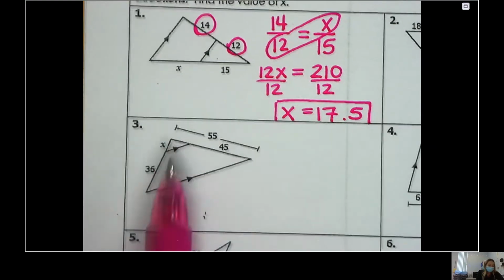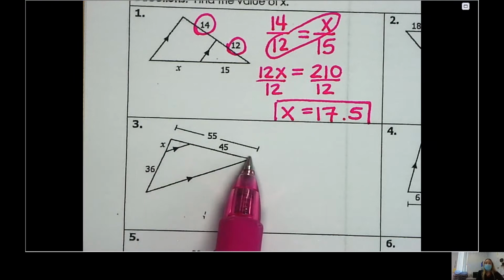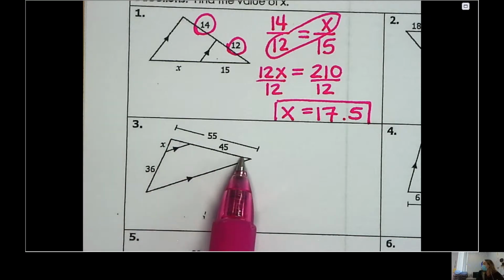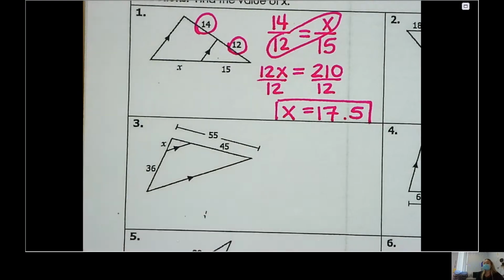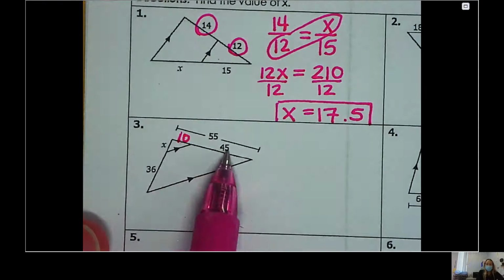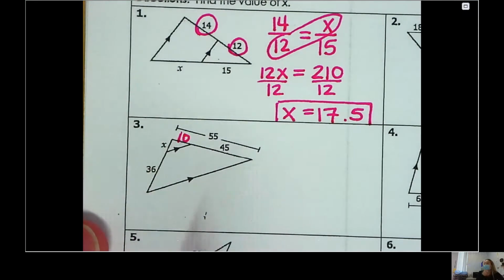Exactly. This whole thing is 55. I've used up 45 of the 55. What is left over to get me to 55? So I just do 55 minus 45. What does that give you? 10. So 10 plus 45 gives me 55.